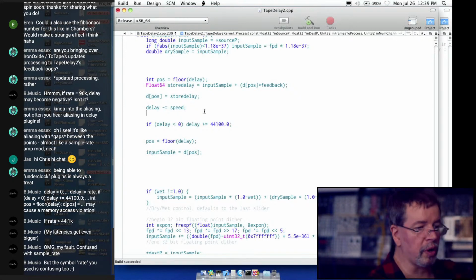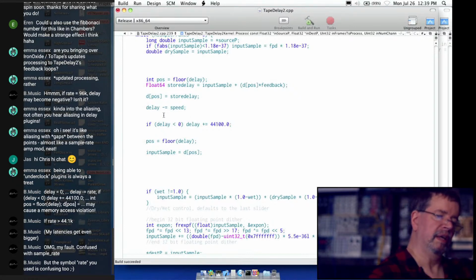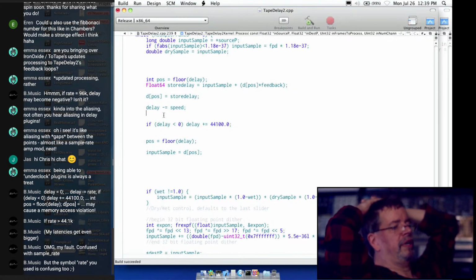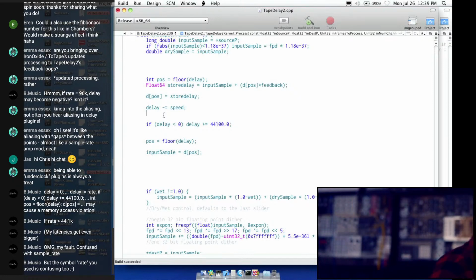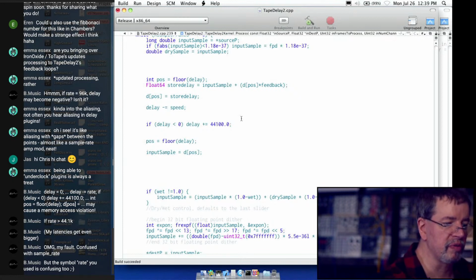So the way this works is going to be tricky. Because here's the thing. We need to be continuing to increment pause here, like d pause -1 and so on and so forth.